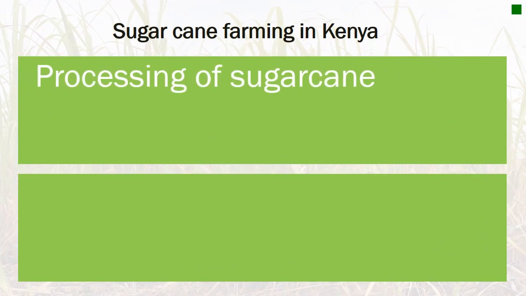Next is processing of the sugar cane. So at the factory, the canes are mechanically cut with rotating knives or what is known as a shredder. The cut cane is then washed with sprayed water to remove impurities.